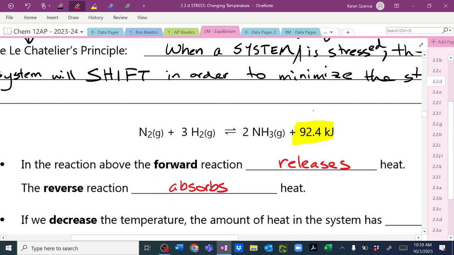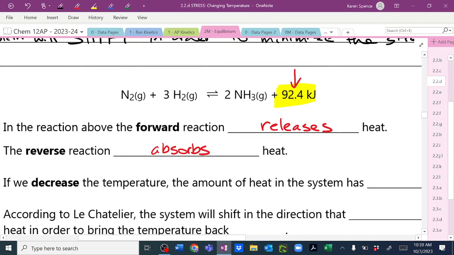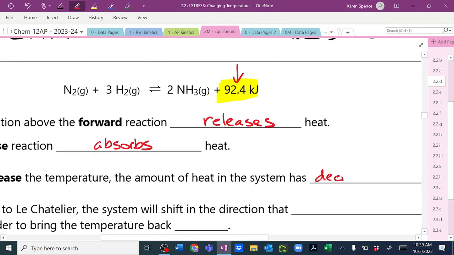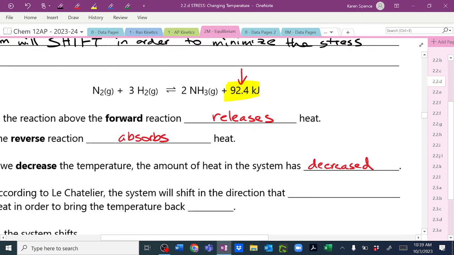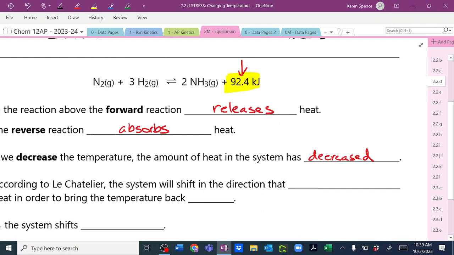If we decrease the temperature, and we can use the arrows like we did before, the amount of heat in the system has decreased. According to Le Chatelier, the system will shift in the direction that does what with heat? Do we want to absorb heat or release heat? Think about it. Chat with your neighbor.